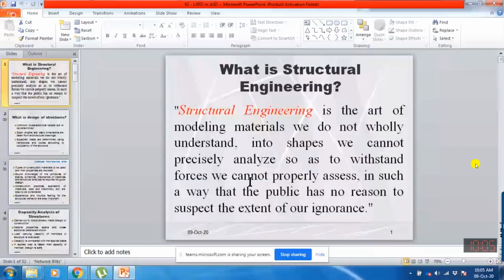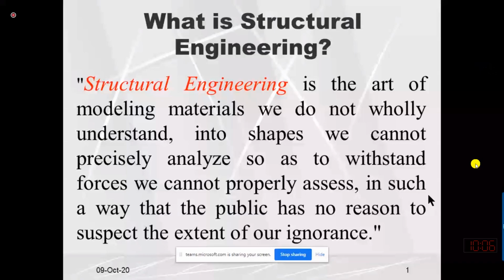The definition that I have written here is a comic way, just to make you understand what an engineer is supposed to do when he is called a structural engineer, and what his responsibility is as a structural engineer.